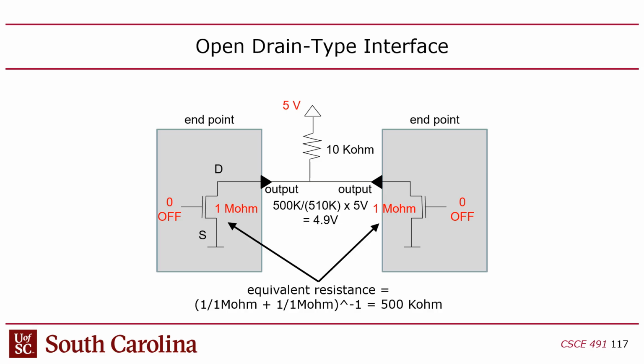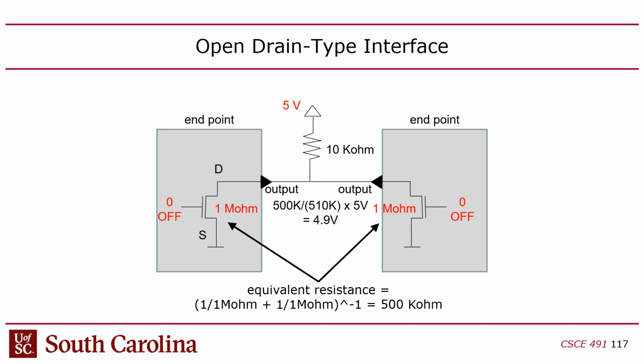And you guys remember equivalent parallel resistors, right? So if I add another mega ohm in parallel, which of course I would have, because the whole point of this is to have multiple drivers on one signal, right? That's the whole point. So obviously I'm going to have multiple chips connected to this.